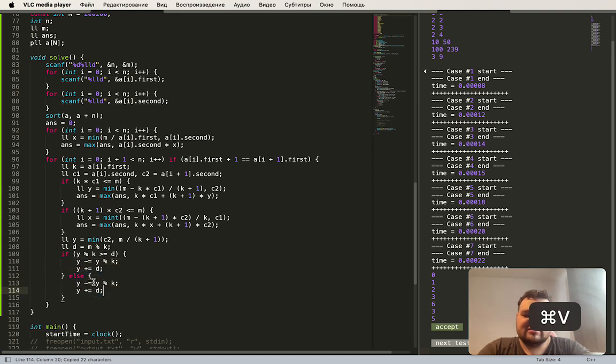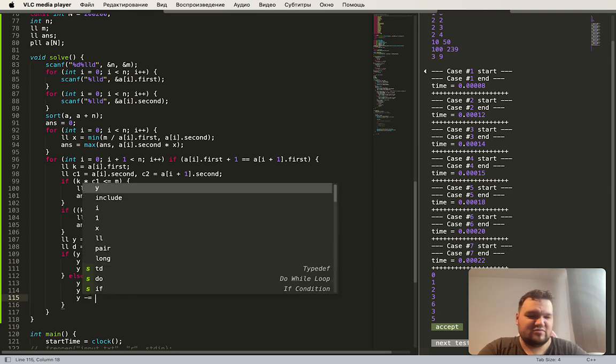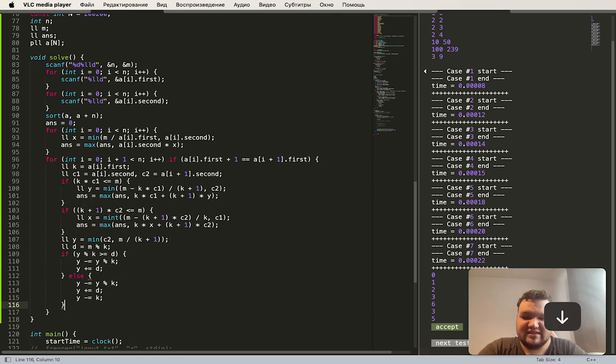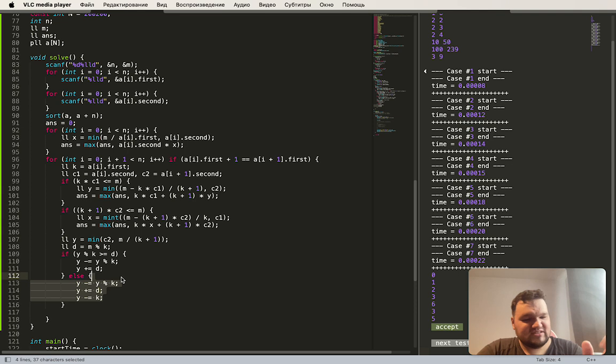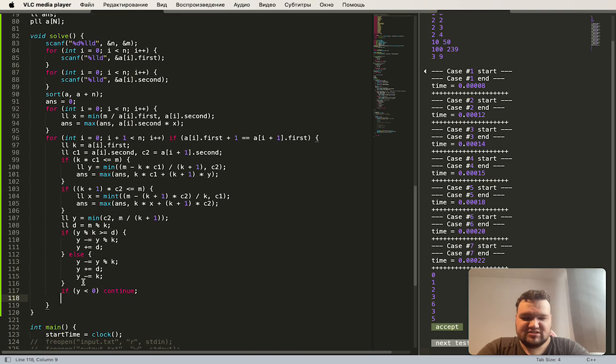So to get the same remainder but smaller number, we will subtract k. And after that we can get a number that is smaller than 0, which is bad. So if y is smaller than 0, that's bad. Otherwise, this is a valid value of y.